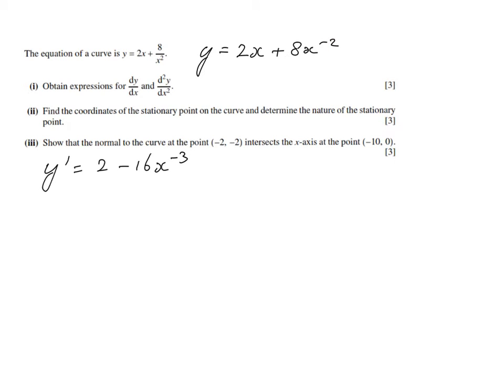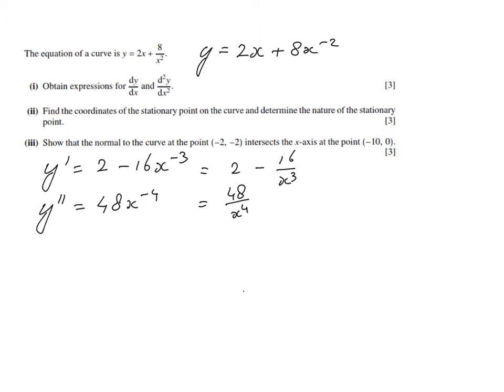Perhaps you want to rewrite that in positive index form, x to the power positive 3. Then y double prime: the 2 will disappear, minus 16 times minus 3 is 48, and again decrease the index by 1, so to the power minus 4. Maybe you want to rewrite that as 48 over x to the power 4. Fantastic, 3 points in the pocket.